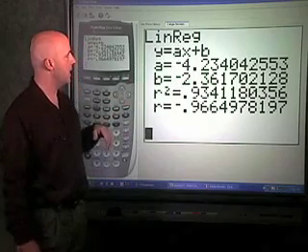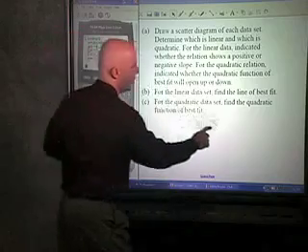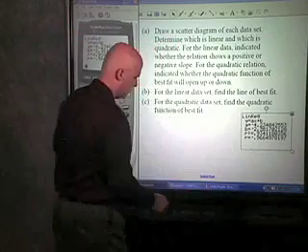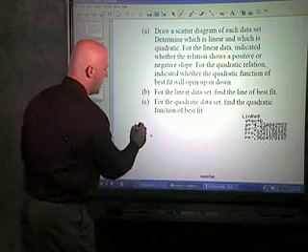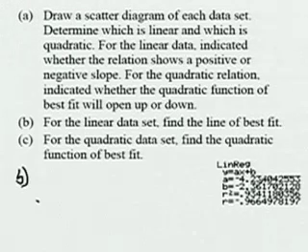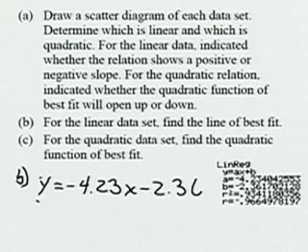We get our coefficients a and b. So for part B, where we're asked to find the line of best fit for our linear data, you can see that our line of best fit will be y equals negative 4.23x minus 2.36.